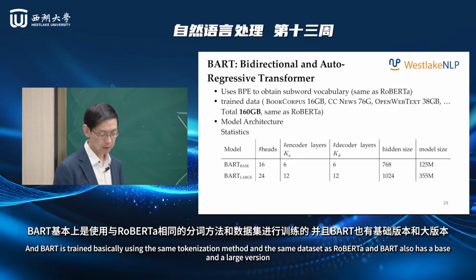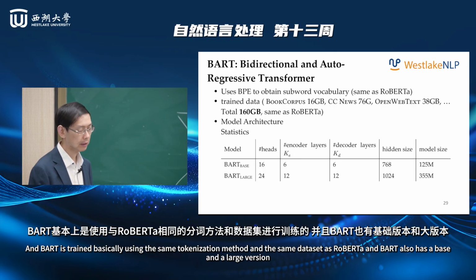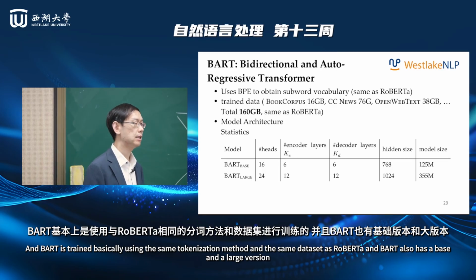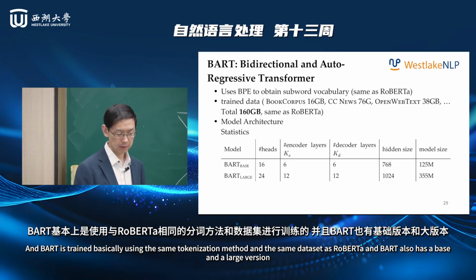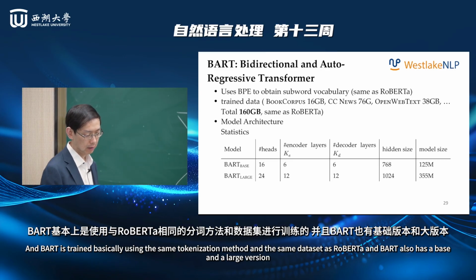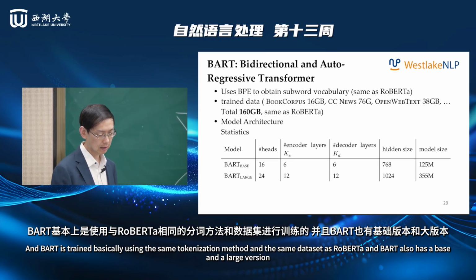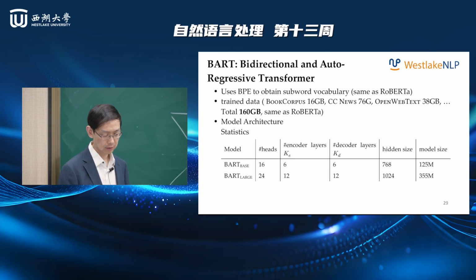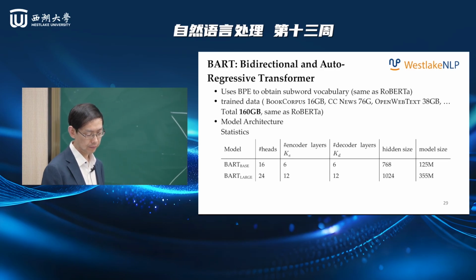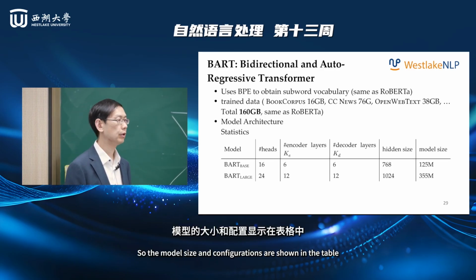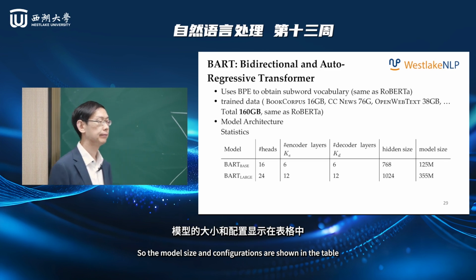And BART is trained using basically the same tokenization method and the same data set as RoBERTa. BART also has a base and a large version. The model size and the configurations are shown in the table.